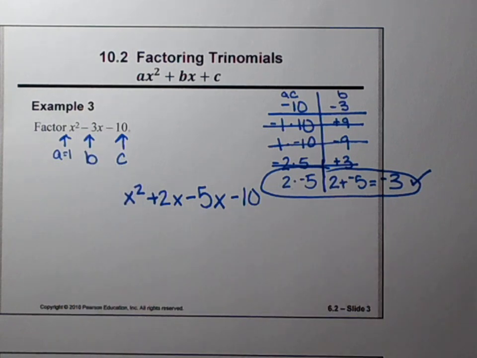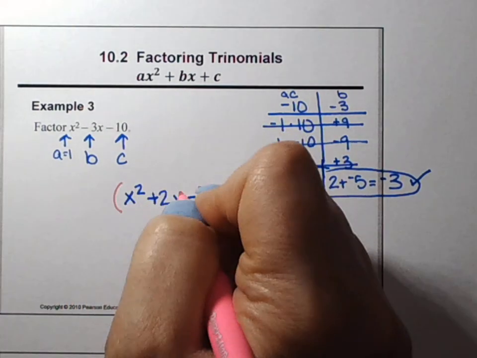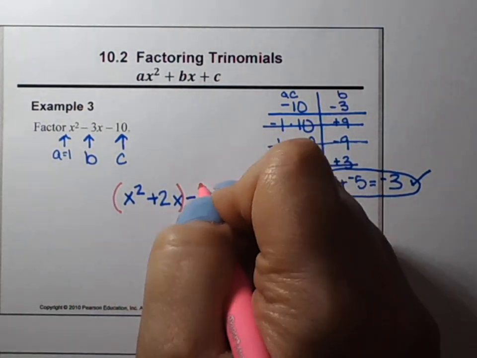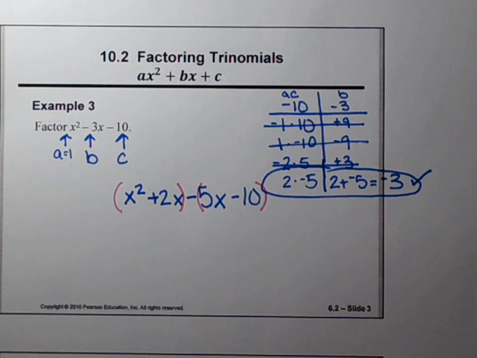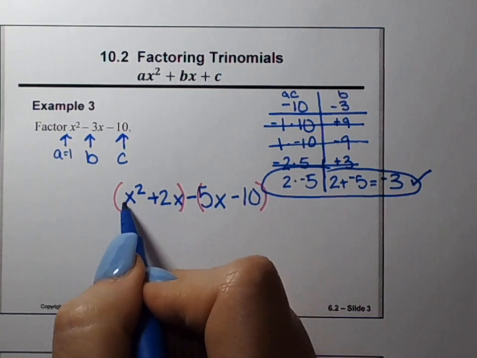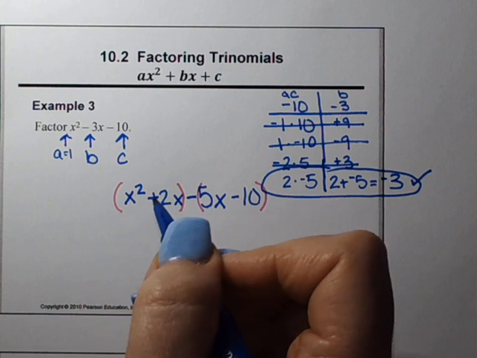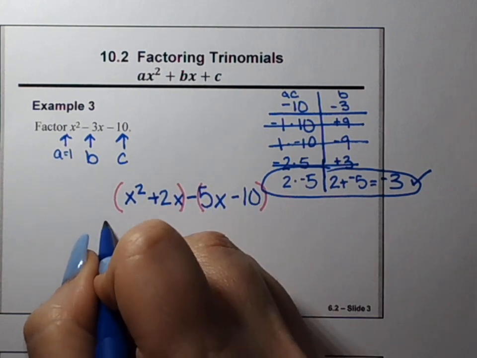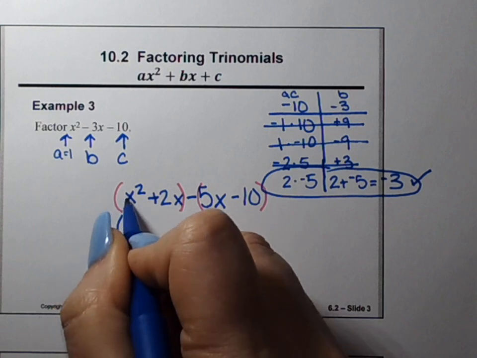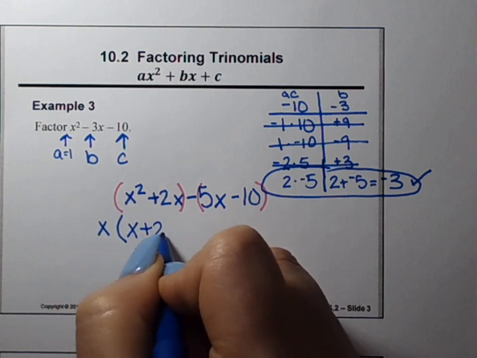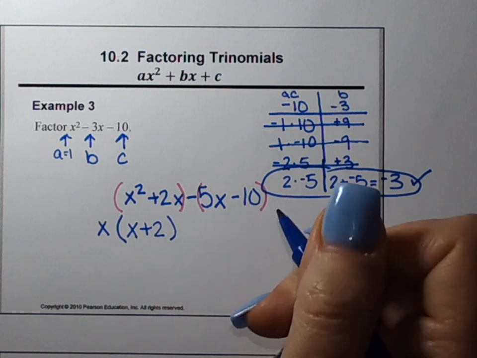Alright, now I want to group the first 2 terms together and group the last 2 terms together so that I can find the GCF of both of those. So my GCF, or what these share in common, the greatest common factor between these two, is going to be just an x. X times x will give me x squared. X times positive 2 will give me a positive 2x.